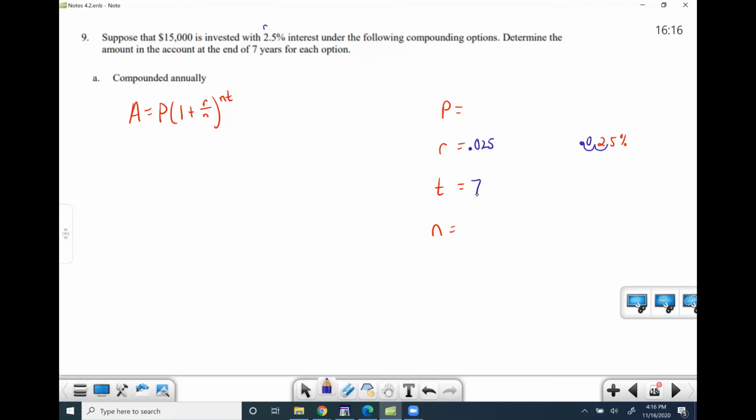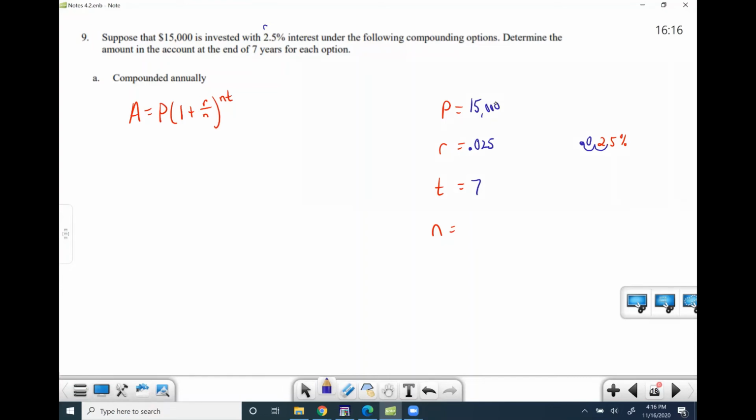Is the 15,000 the original amount borrowed or invested, or is the 15,000 the amount in the account after 7 years? The original. Okay, so then that's going to be our P, because P is always the original.